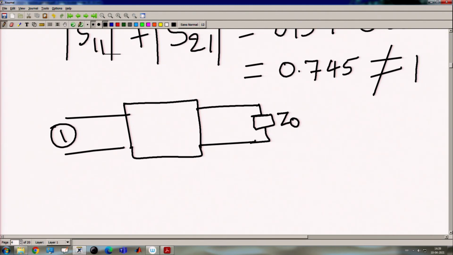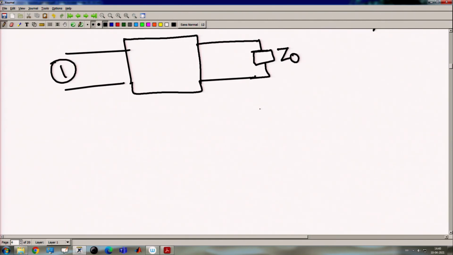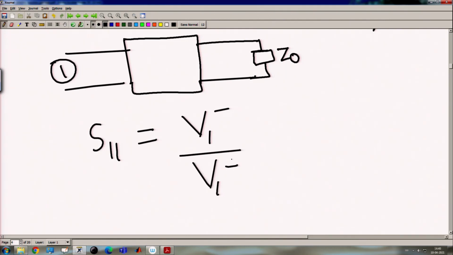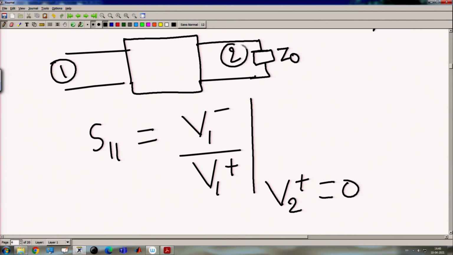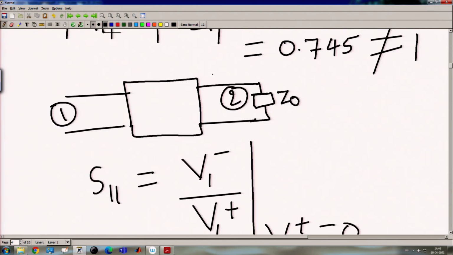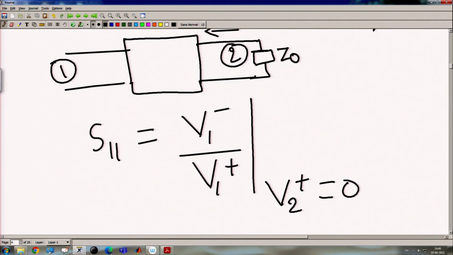By the definition we know that S11 equals V1 minus divided by V1 plus, when V2 plus equals 0. If we terminate port 2 with a matched load, there will be no reflected wave from port 2, that means V2 plus equals 0, because this is a matched load.